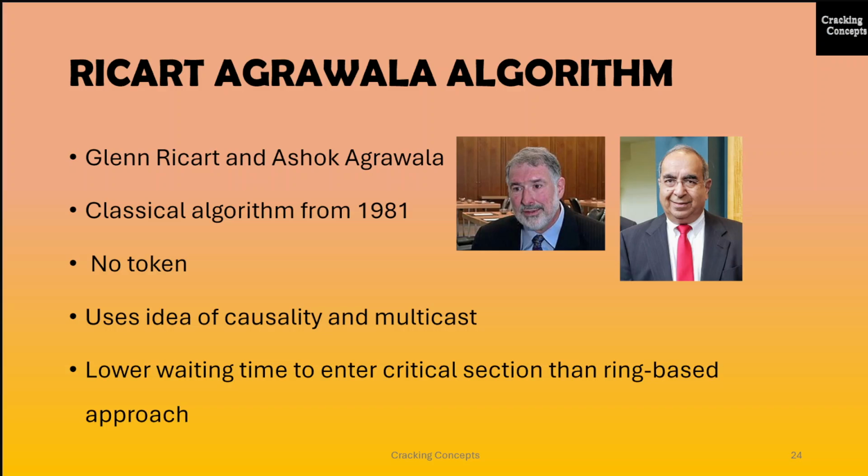It was invented by Glenn Ricart and Ashok Agrawala. It is a classical algorithm from 1981. Here there is no token. This algorithm uses the notion of causality and multicast. This solution has a lower waiting time to enter the critical section than the ring-based approach.